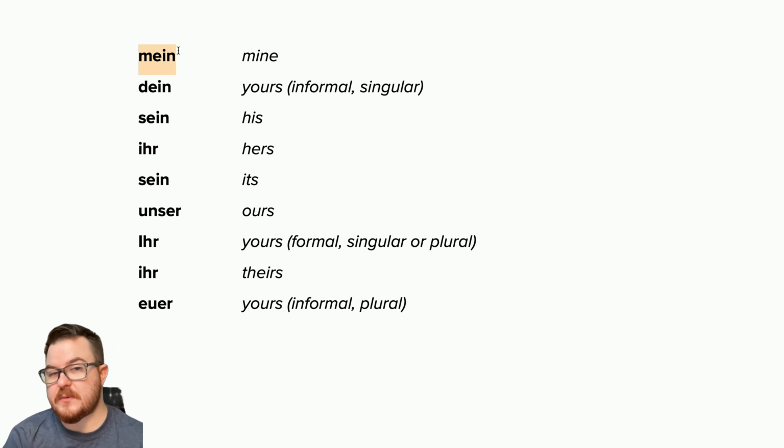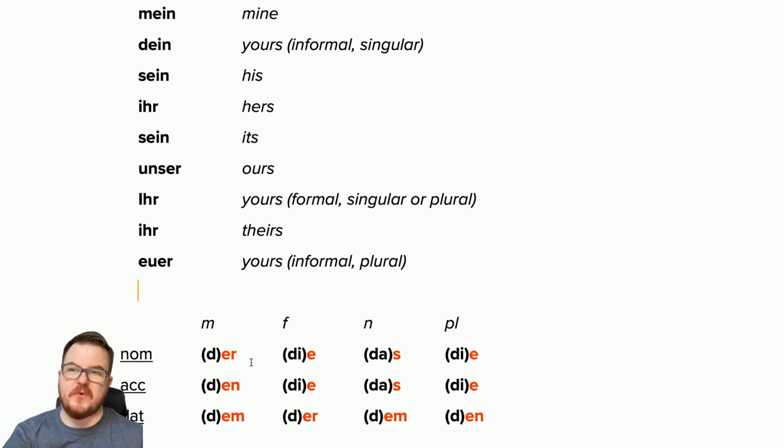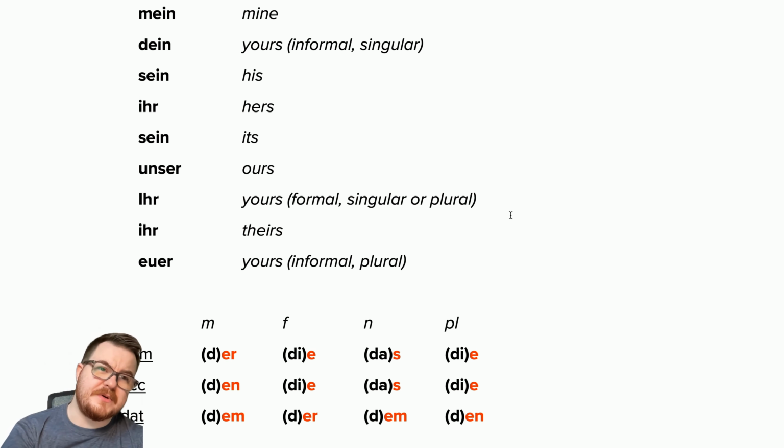But the endings that we put on them are different depending on their function. So here are the endings for possessive pronouns, for when we use them instead of repeating the noun, for example, "that TV is broken."